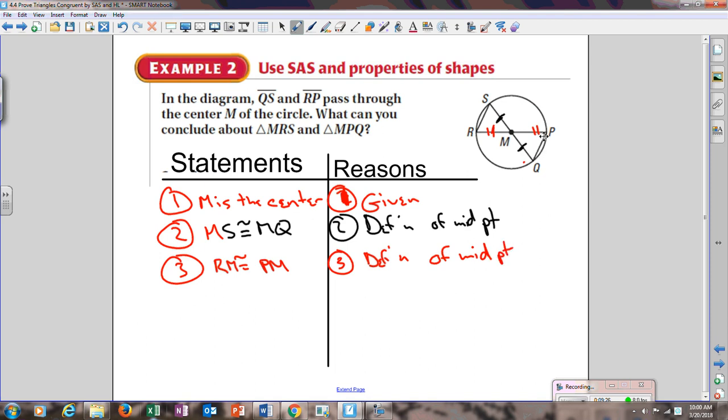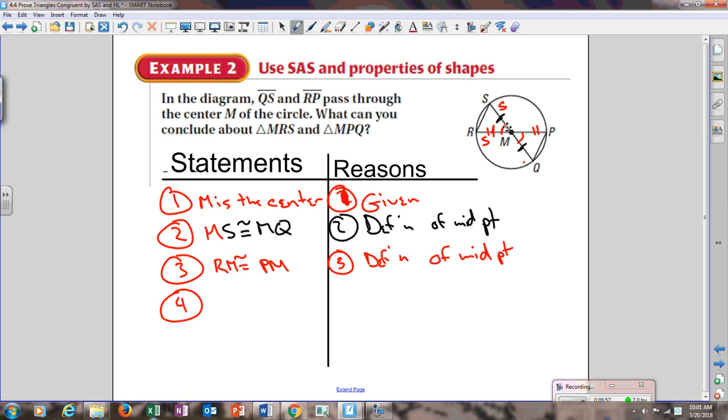See, these are still touching the circle. So I have a side and a side. There's no way to tell that this side is congruent to this side. So that lets me know I need to look for an included angle at this point, because I have a side and a side, which means it's got to be an angle inside of it.